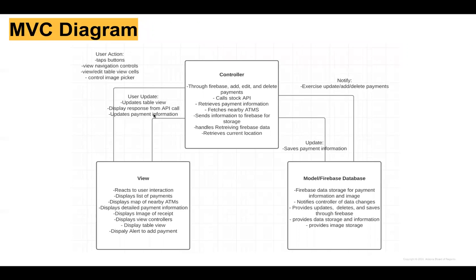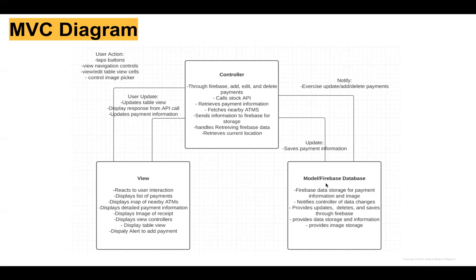This is my MVC diagram, and in the view, I have listed things such as reacts to user interaction, displays list of payments, displays map of nearby ATMs, and other things that pertain to the view. The controller uses Firebase to add, edit, and delete payments, calls stock API, retrieves payment information, fetches nearby ATMs, sends information to Firebase for storage, and handles retrieving Firebase data.